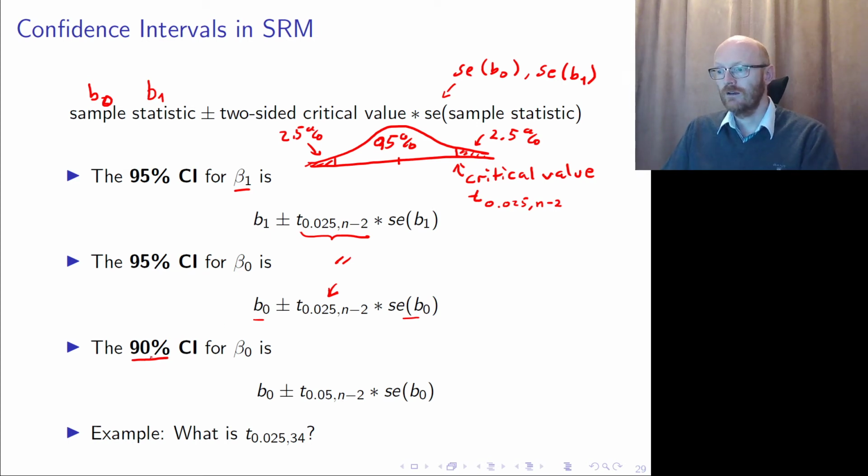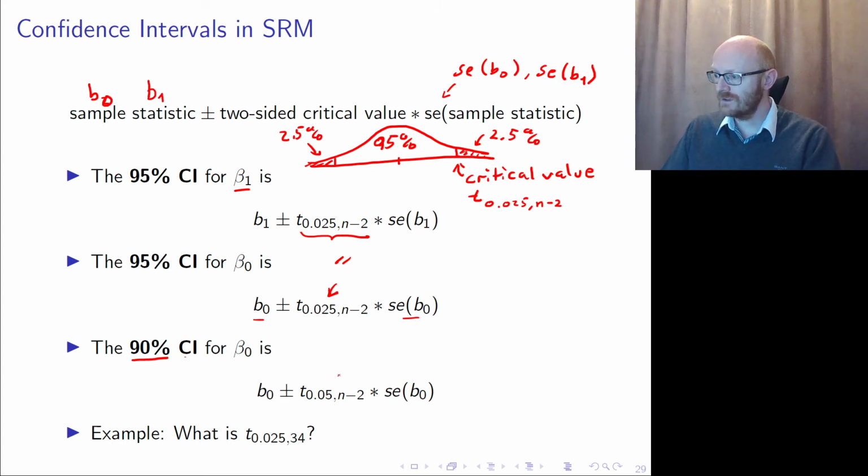Okay, and you can have a different confidence interval. For example, the 90% confidence interval. If you're okay with only being 90% certain that you capture the true value of the parameter, then 90% is okay.